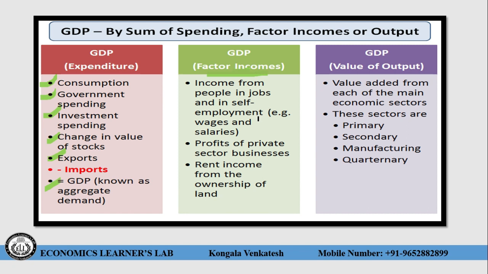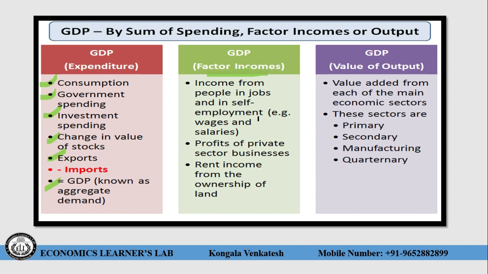When you add these up, you get national income, that is GDP in the income approach: wages plus salaries plus profits plus rent.